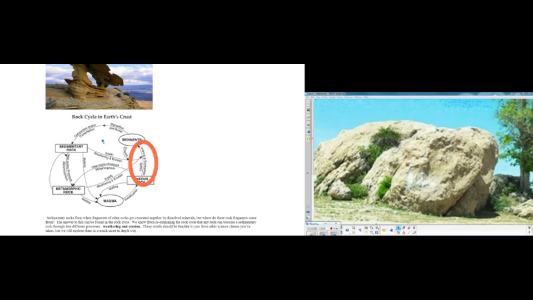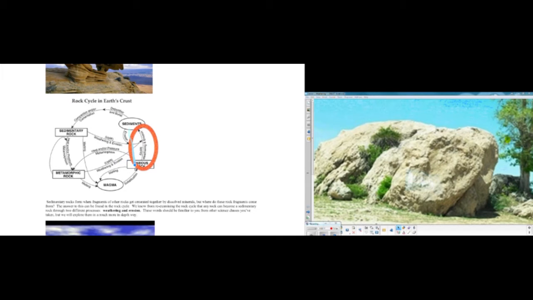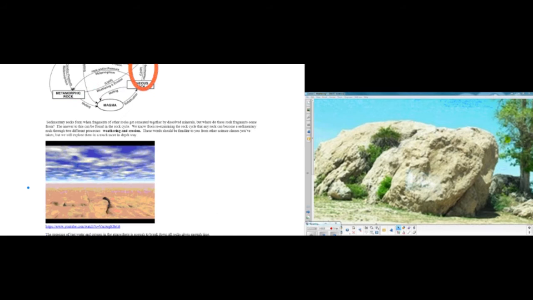Okay. Now in our rock cycle, as we are moving from any type of rock and going through weathering and erosion, we're going to be focusing on this area. This is the same area here and the same area here. Okay. Now, sedimentary rocks form when fragments of other rocks get cemented together by dissolved minerals.